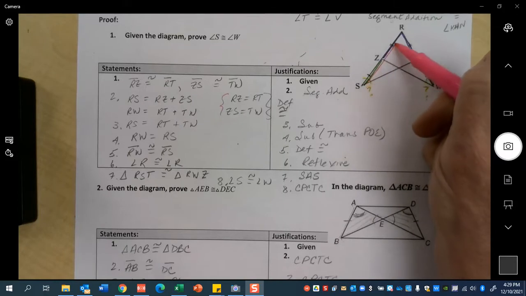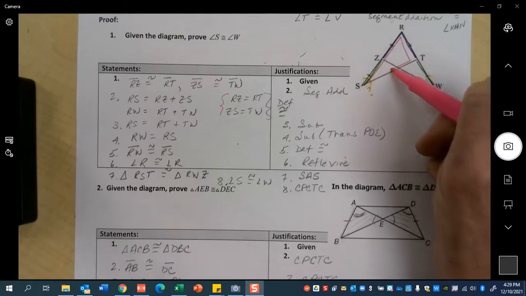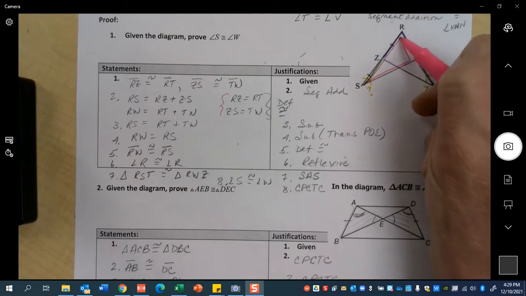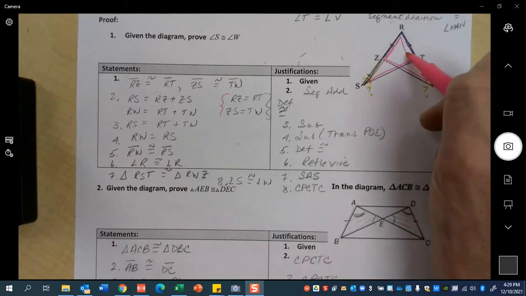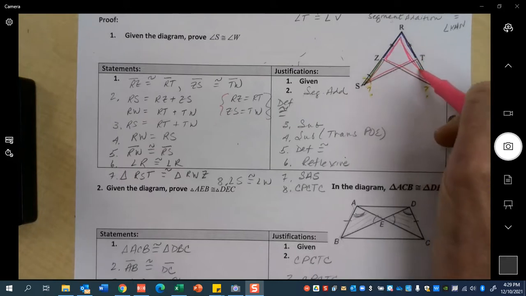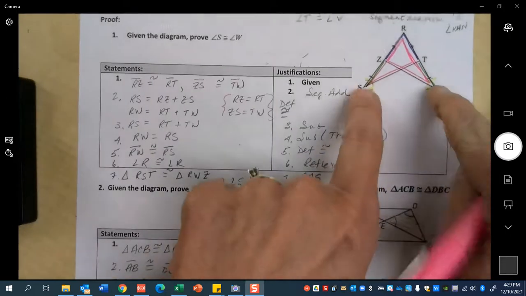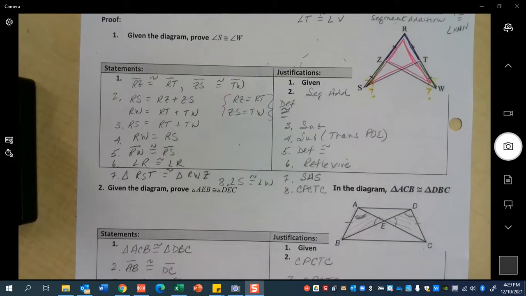And I'm taking a look at this triangle, and I'm taking a look at this triangle. If I can get those two triangles congruent, then those will be corresponding congruent parts. So I add my two congruent segments together by segment addition.